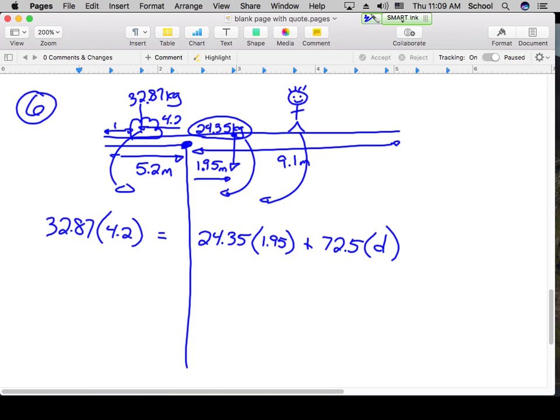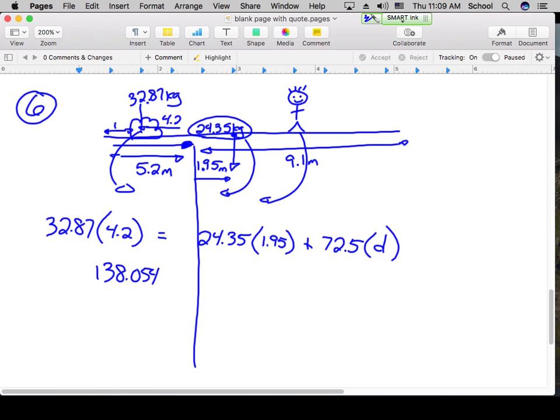I have to do 32.87 times 4.2. So clearly, since this is a plus, I've got to move it with a minus.